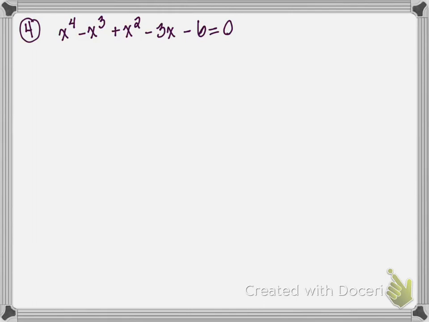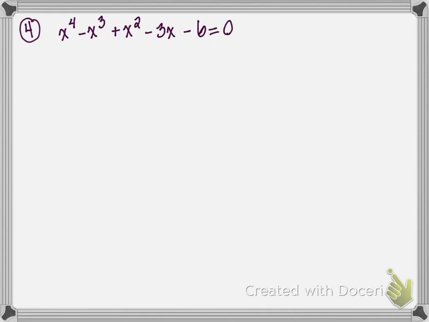That has 5 terms. So what do we have to do? We can't factor by grouping. We can only factor by grouping when there are 4 terms. We have to use synthetic division.